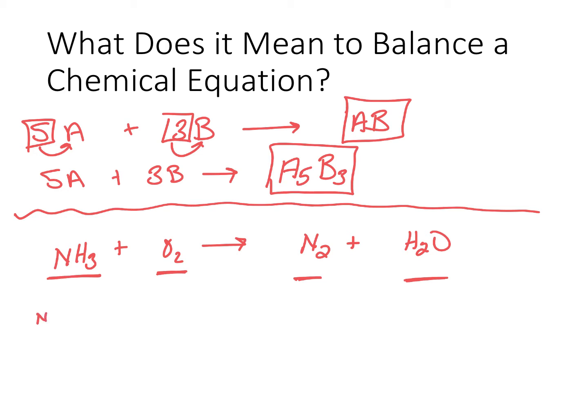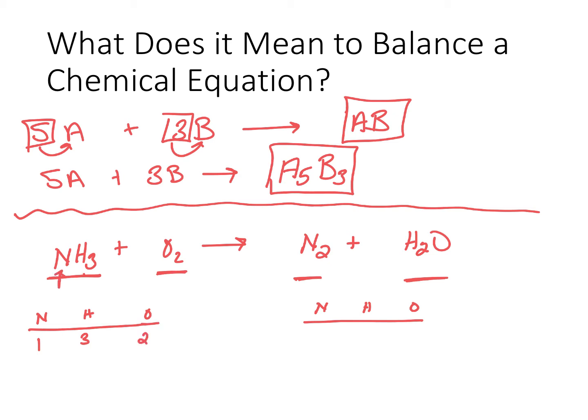I have nitrogen, hydrogen, and oxygen on both sides of the equation, which is necessary. I can't make new elements from old elements. The elements themselves can't change, just how they're connected to each other. Currently I have 1 atom of nitrogen on the reactant side, 3 atoms of hydrogen, and 2 atoms of oxygen.